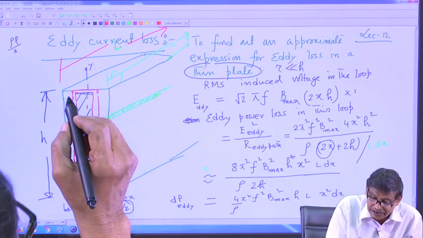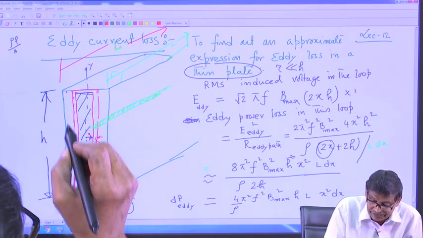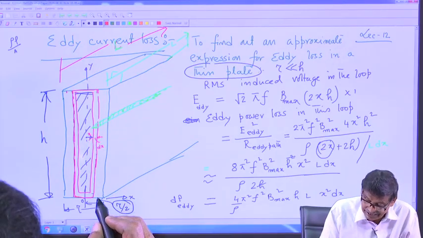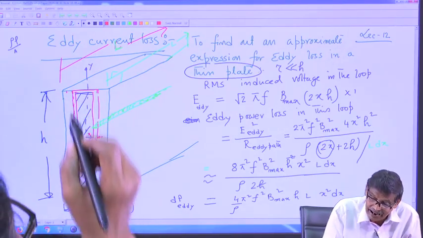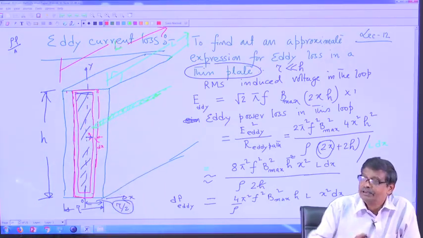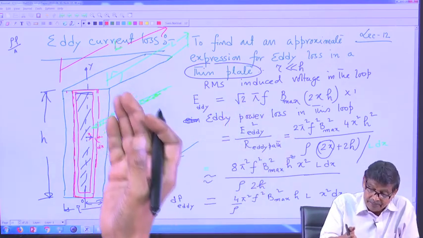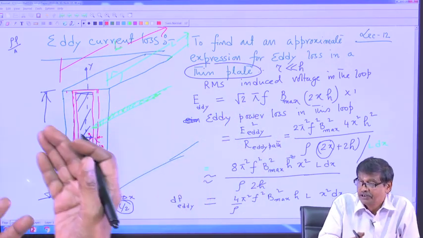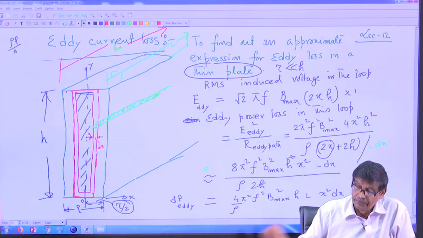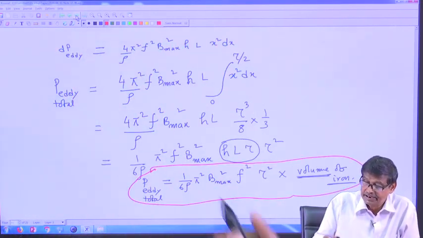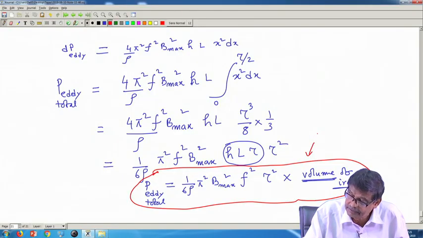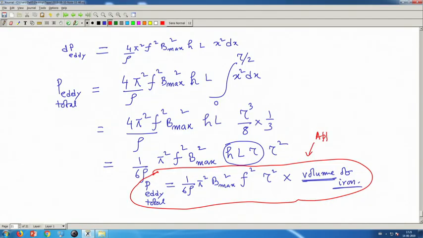You will consider the loop like this. This power loss here, and once again this power loss, but that portion is always small, because I am talking about tau, which is far less than h. Therefore, this is a very handy approximate expression, mind you, approximate, and it will serve my purpose.